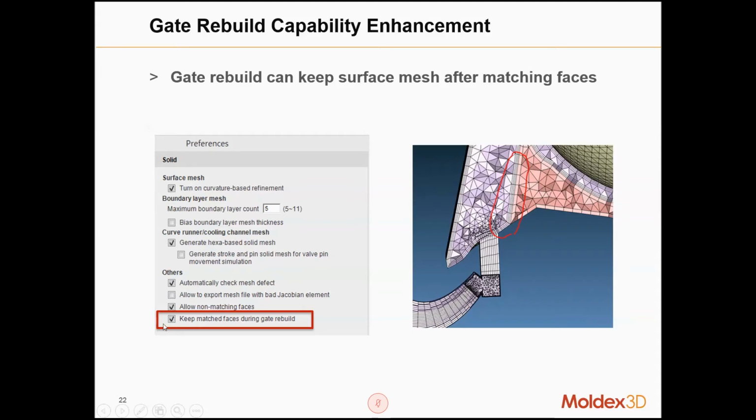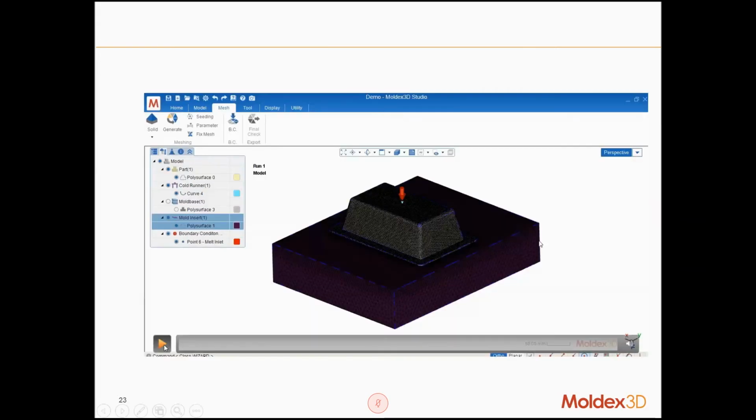So now we have these options. Once we enable these options, the matching surface mesh will be fixed. It won't change anymore, even when the program does the gate rebuild.